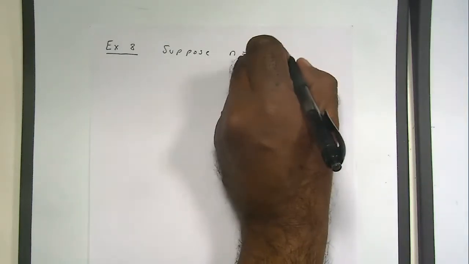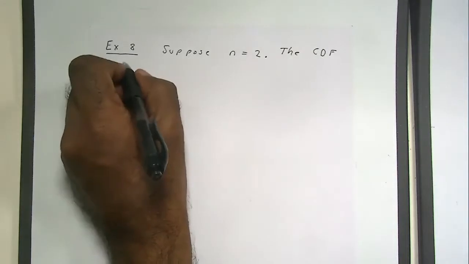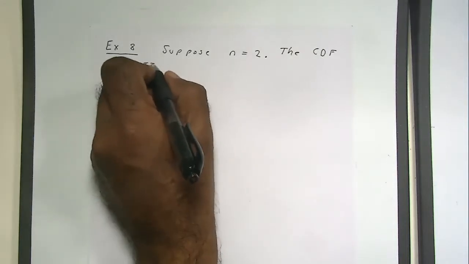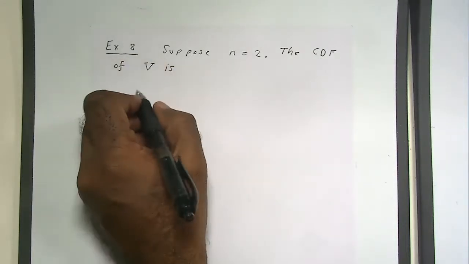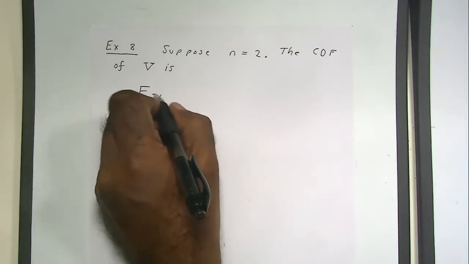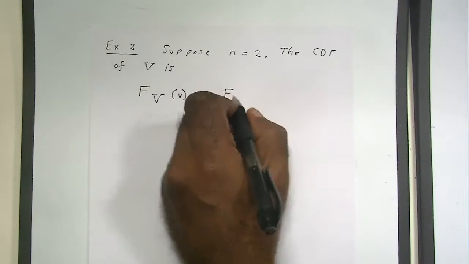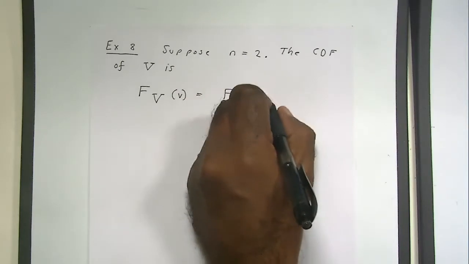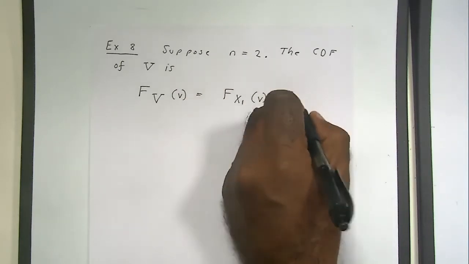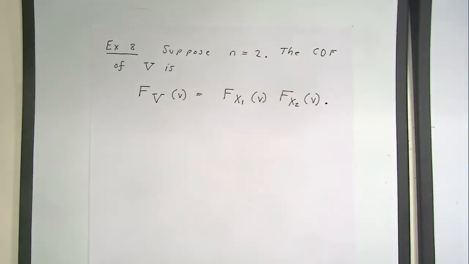In this case, the CDF of V is this. It's just the product of the two CDFs of x1 and x2.